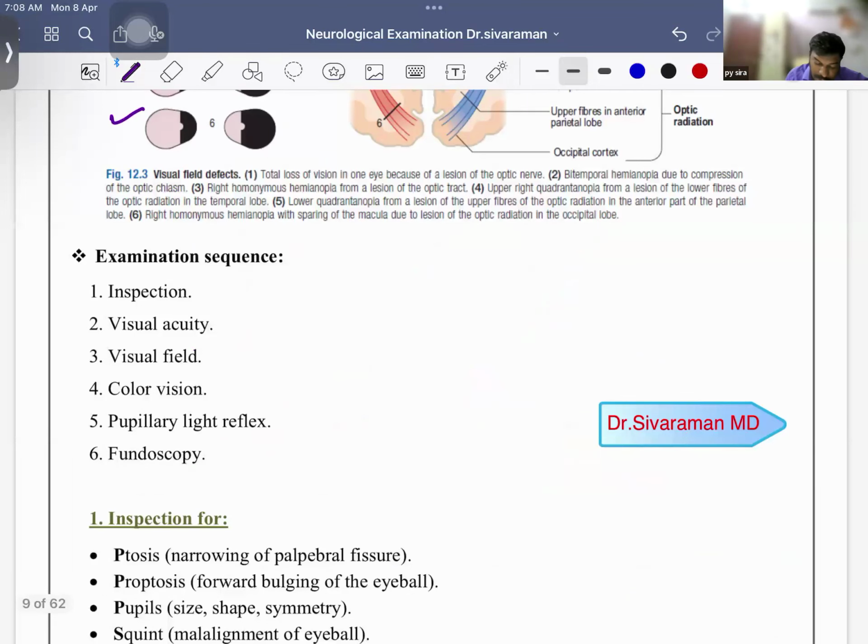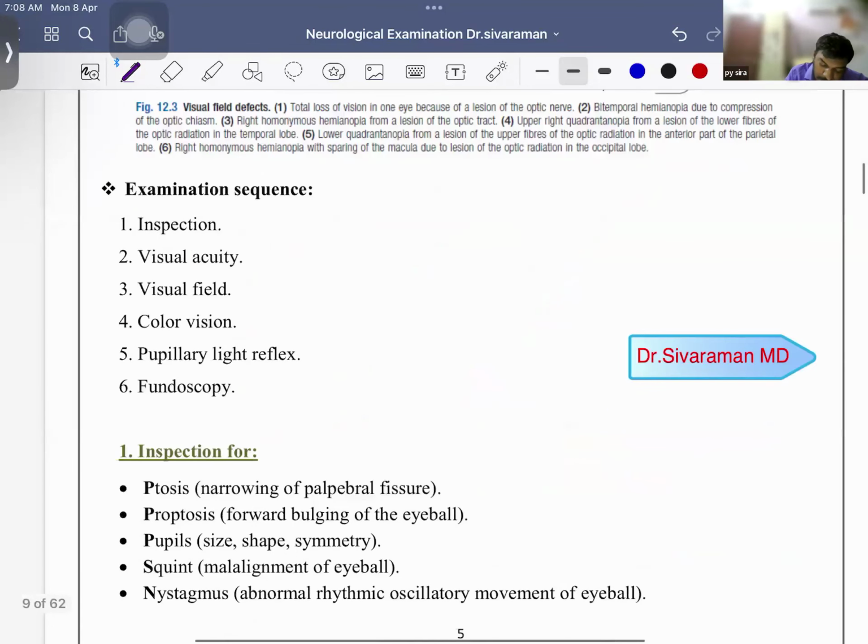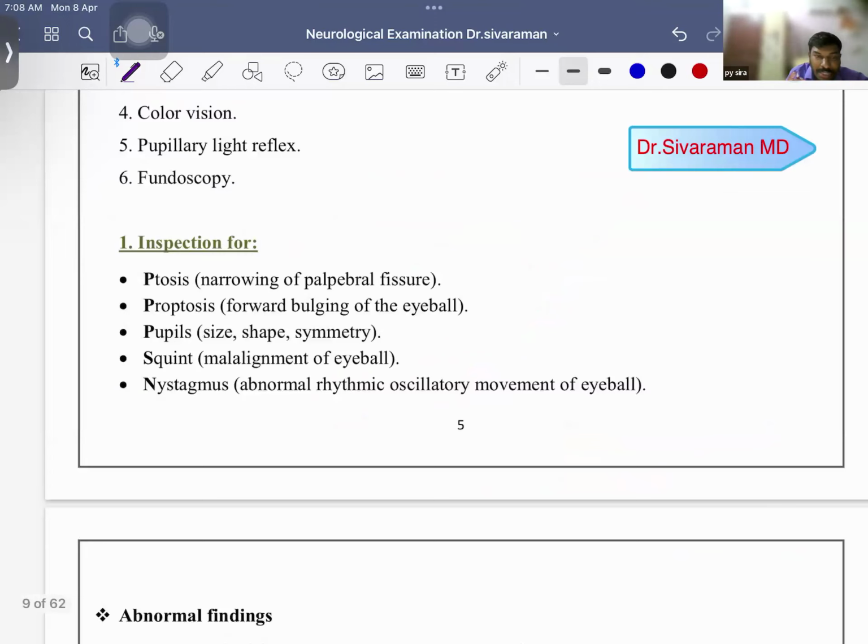Next, you're going to go for inspection. Whenever you have any CNS case, second, you have to go for examination where you look for ptosis. Whenever it crosses the pupillary area, it is a significant ptosis.